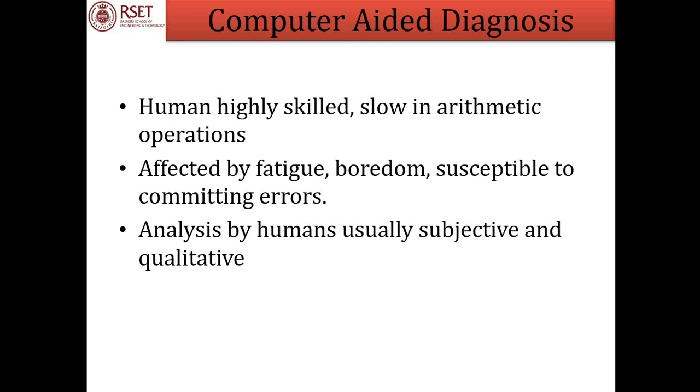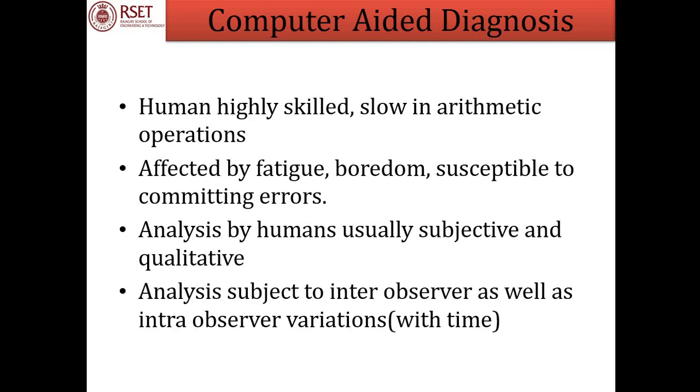Not only that, analysis made by humans is usually subjective and qualitative, and subject to inter-observer as well as intra-observer variations. So, with all these into consideration, better and neater measurements are done with the help of computer-aided diagnosis.